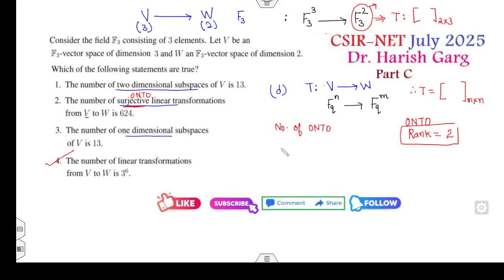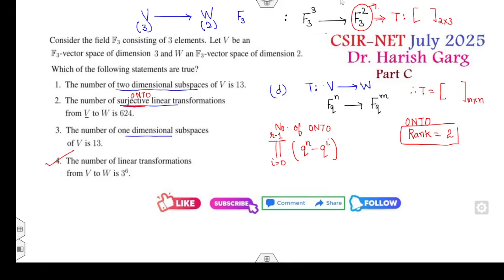Now how can you find the number of onto mappings? What is our domain? It's Q raised to power N minus Q to the power I, and your answer will be the number of onto mappings, the product as I varies from 0 to rank minus 1.